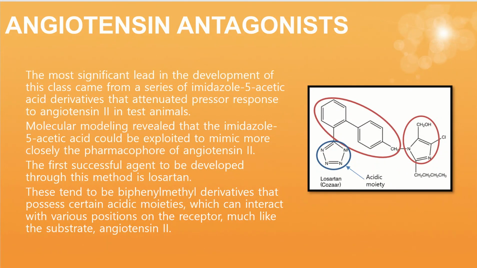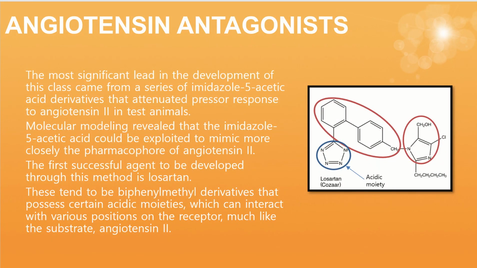The molecular modeling revealed that the imidazole 5-acetic acid could be exploited to mimic more closely the pharmacophore of angiotensin 2. The first successful agent to be developed through this method is losartan, and the structure is seen there.